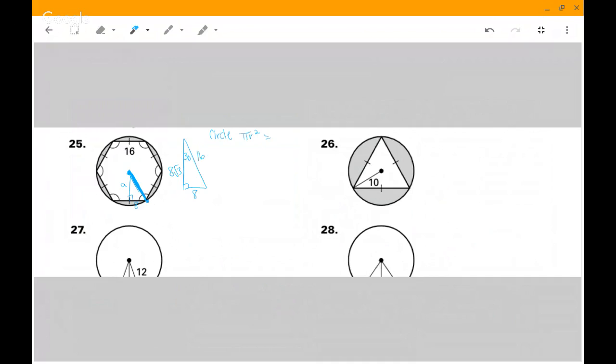Oh, then it would just be pi 256. Mm-hmm. You got it? All right. And then for the hexagon, what would you do?